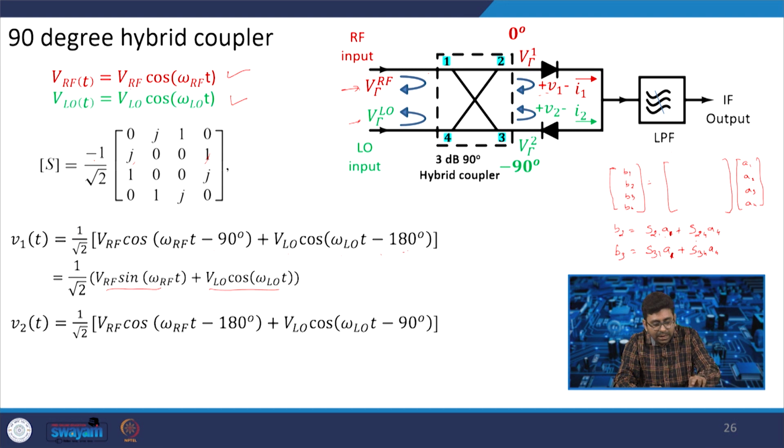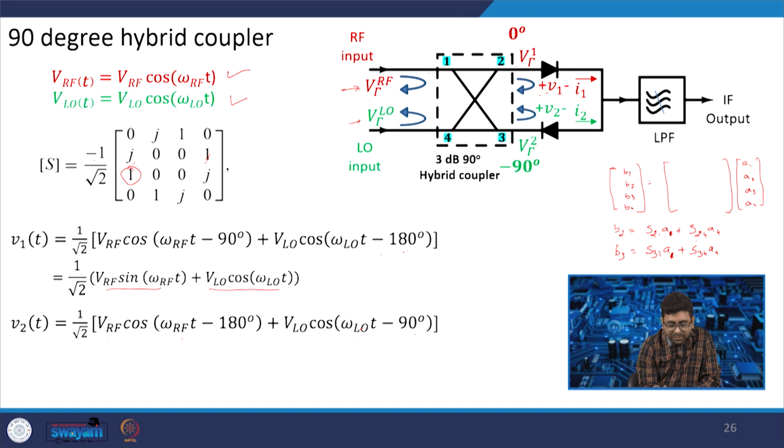Now when we are looking at port 3, the voltage across diode 2, we will get VRF cos omega RF t minus 180, that is due to this minus 1 by root 2, and VLO cos omega LO t minus 90, that is minus j by root 2.